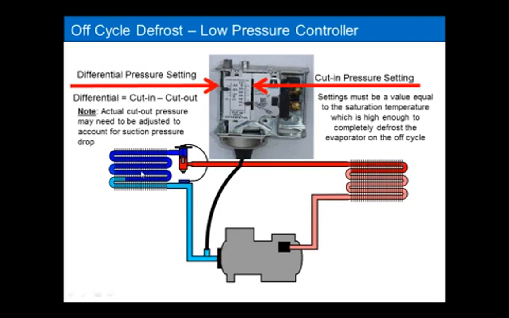So your evaporating pressure here is not going to be the same as the evaporating pressure here if you have a pretty nice size suction line. So you have to adjust, and we're going to talk about the magic number to use for an adjustment to compensate for a pressure drop from the evaporator coil to the point of measurement, which is going to be close to the inlet of the compressor.